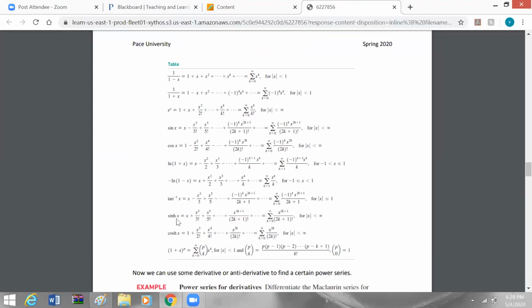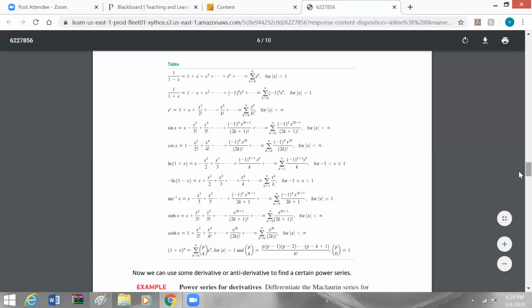We have sinh, we have cosh, all of those that we skip, so you don't have to worry about that. We also have the binomial, but we don't really touch that. We don't touch these very often. So we have ln of 1 plus x, sine, cosine, e to the x, and all of these functions will be written down relatively easily for us. And then I will show you how to do so.